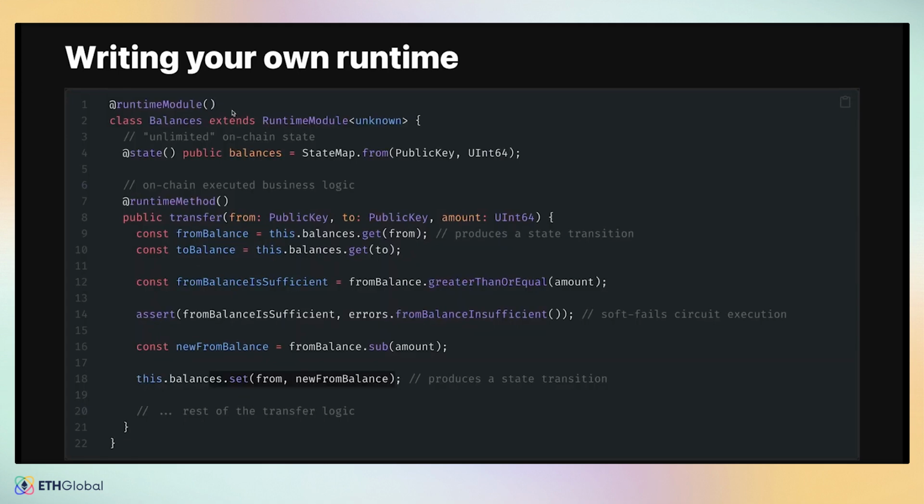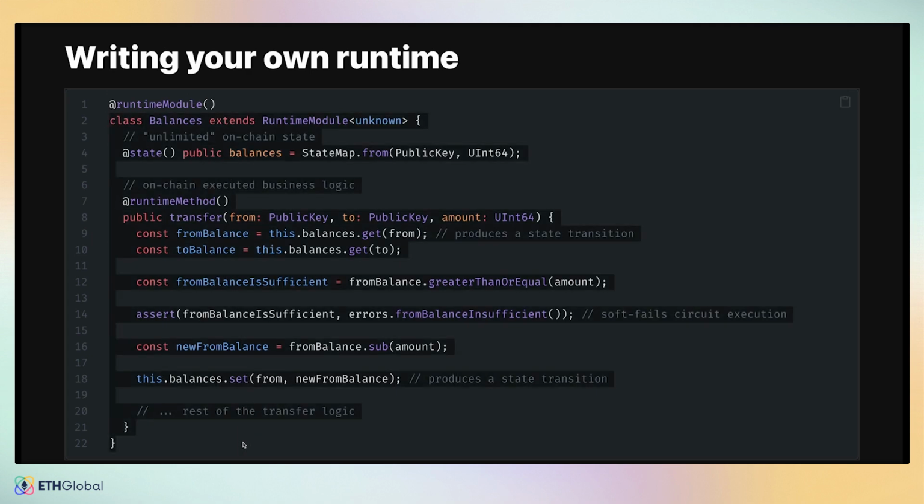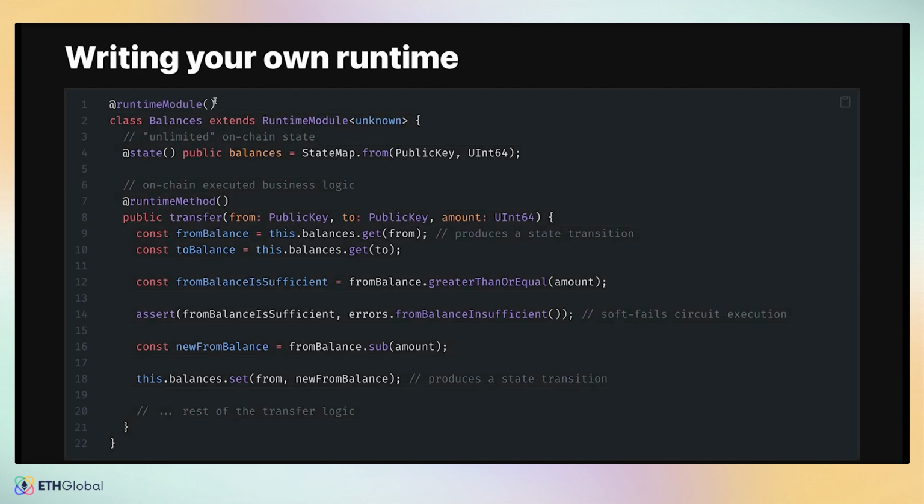So we use a dependency injection framework called tsyringe to orchestrate the chain and the dependencies and all the modules that come with it. Runtime module makes the class injectable as part of the dependency injection framework. That's the main feature that it does. The state decorator basically helps us identify which index in the global Merkle tree state the balances are stored under.